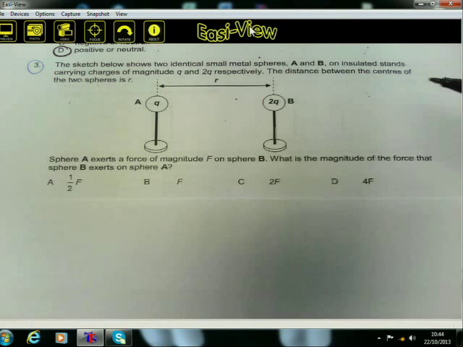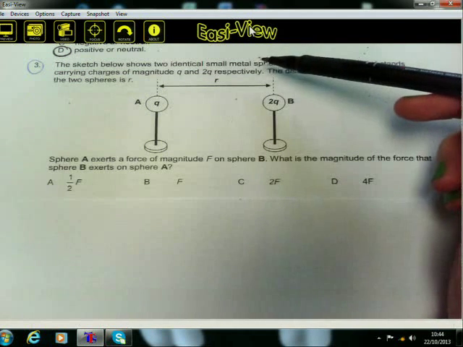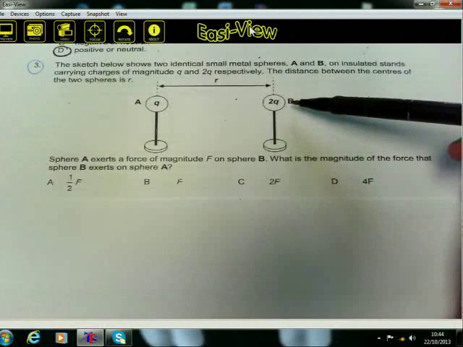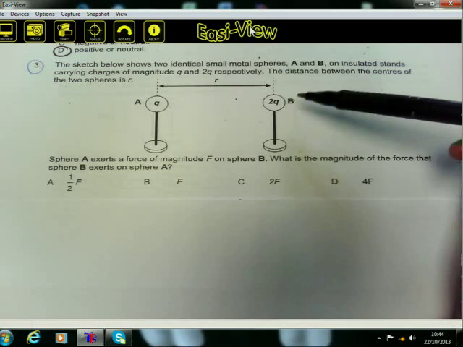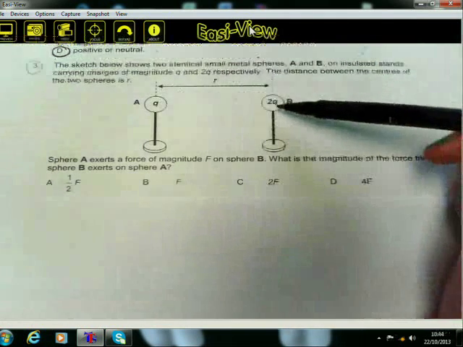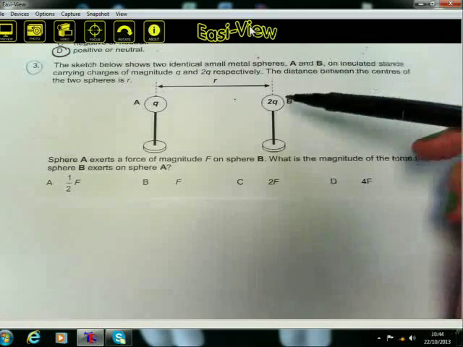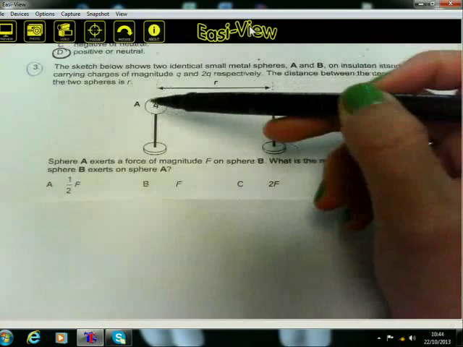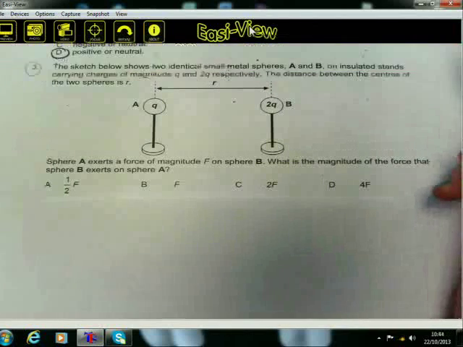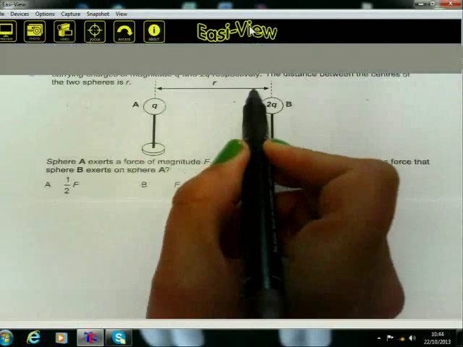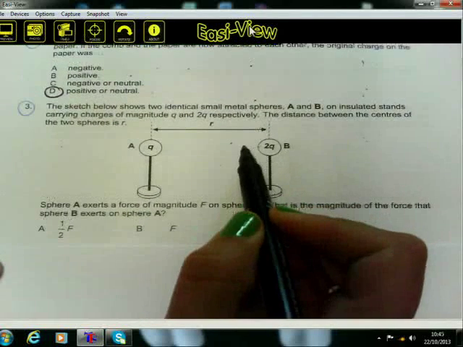The sketch below shows two identical small metal spheres, A and B. So they're equal in size, but they have different charges, of magnitude Q and 2Q respectively. The distance between the centers of the two spheres is R. Alright, so there we go. We have R.